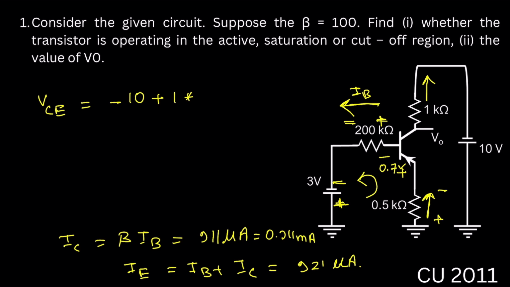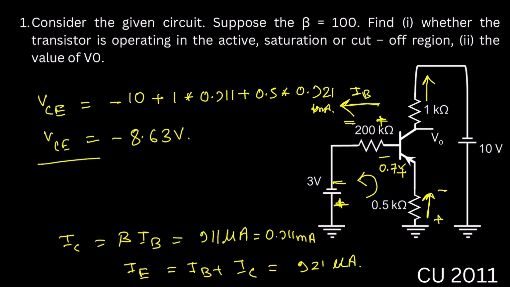IC is 0.911 milliampere plus what is the value of IE? 0.5 into 0.921 milliampere. Okay, and that one is equal to minus 8.63 volt, right? Now you can see the value of VC is minus 8.63 volt, right?